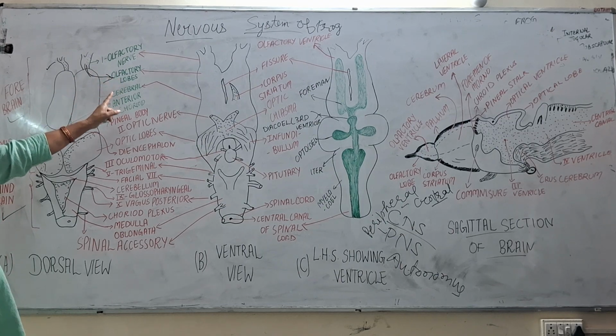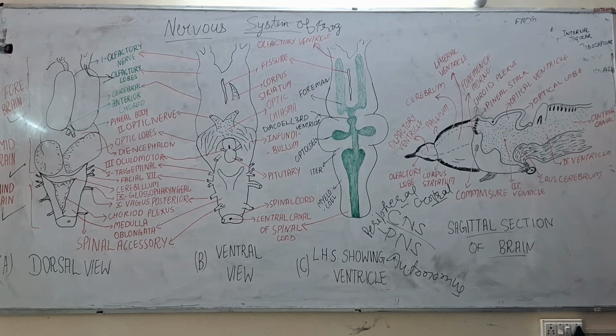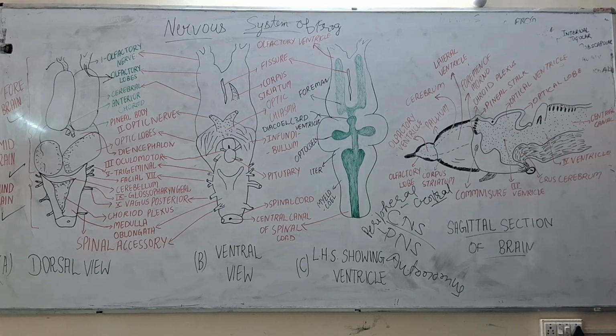Olfactory nerve means which comes from the nasal chamber and controls the smelling of the body. Clear?